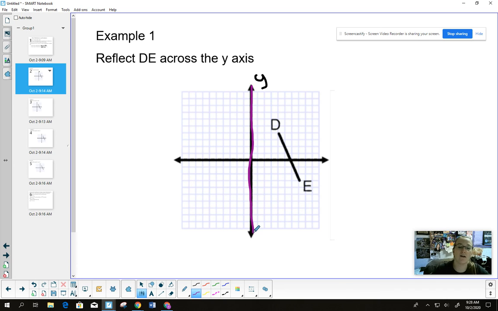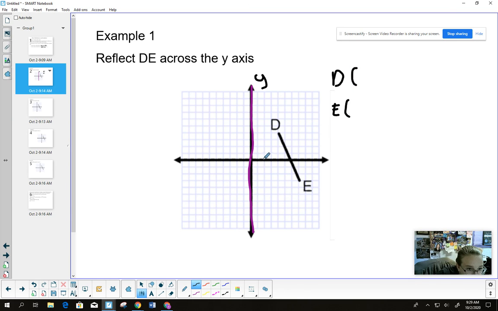We want to count how far away each point is from that mirror and then plot that point on the opposite side the same distance away. So what we're going to do here, now real quickly, I'll just do this actually. If you do not have your notes packet, you'll want to copy this onto your paper. I will give you the points for D and E, so you can plot it carefully on your paper if you can't quite count it.